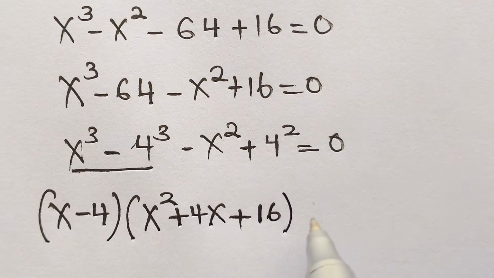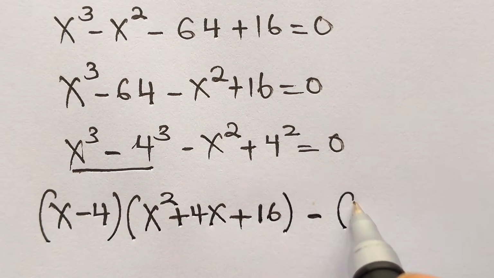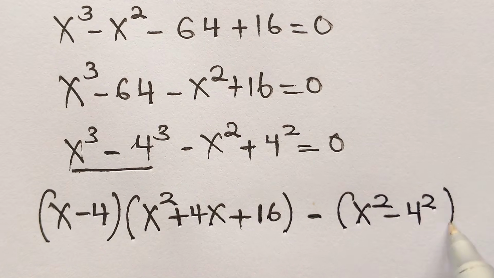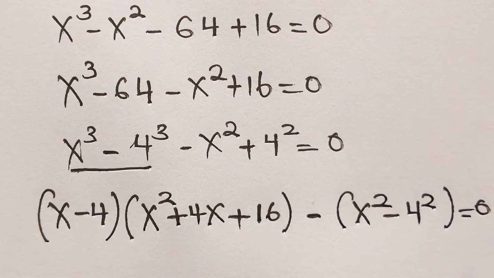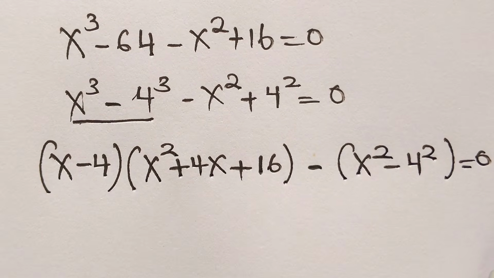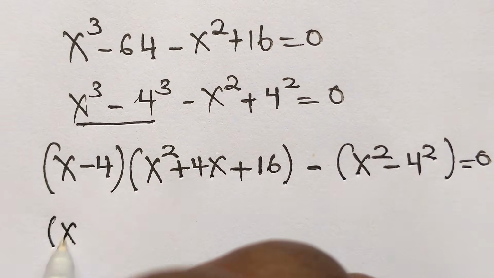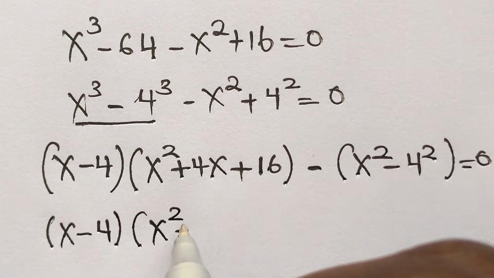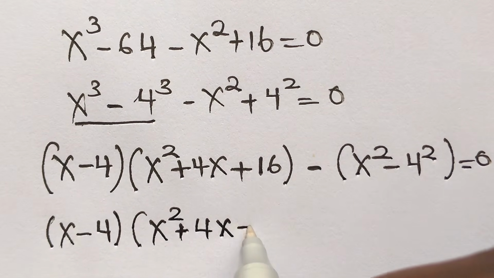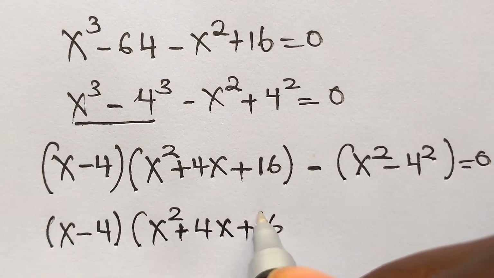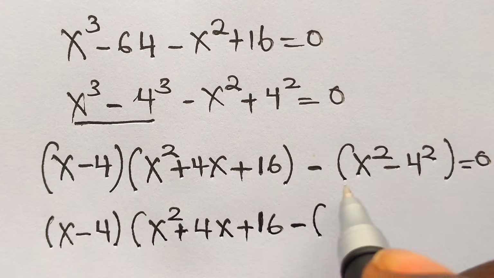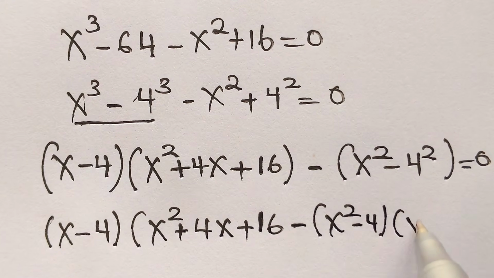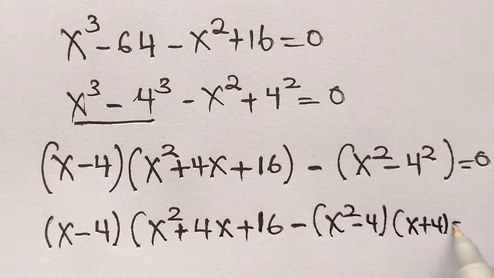Then we say minus x squared minus 4 squared, and this is a difference of two squares. This is x minus 4 times x squared plus 4x plus 16, then minus x squared minus 4, which is x minus 4 times x plus 4, equal to 0.